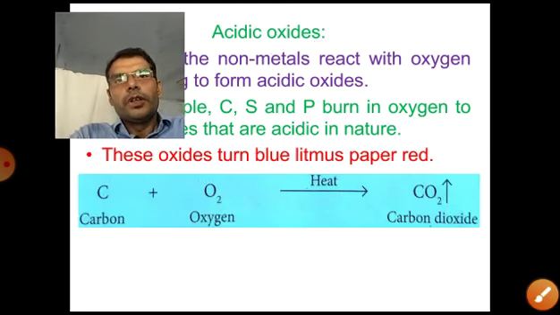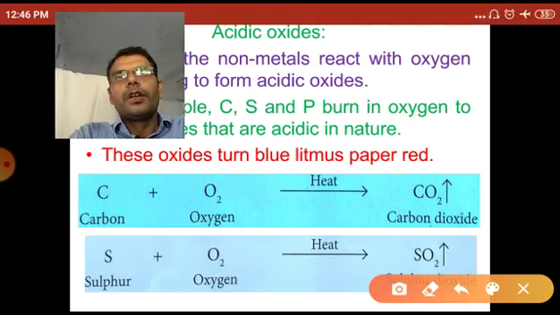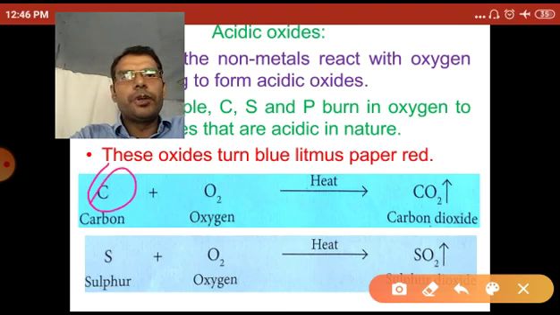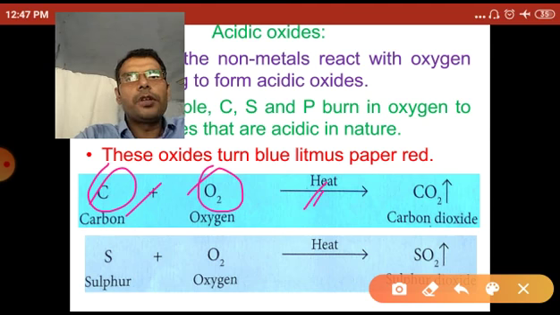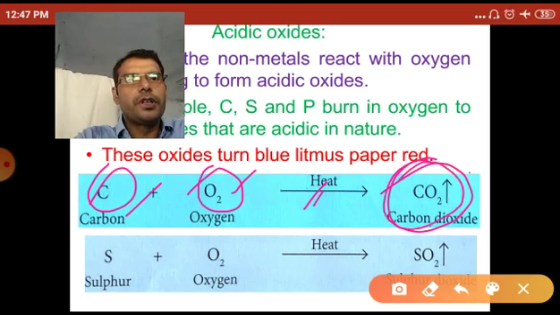As for example, when carbon is burned or heated in the presence of oxygen, it produces carbon dioxide gas, and that carbon dioxide is an oxide of carbon and has an acidic nature.